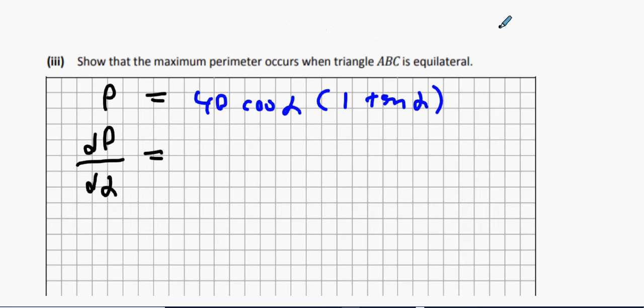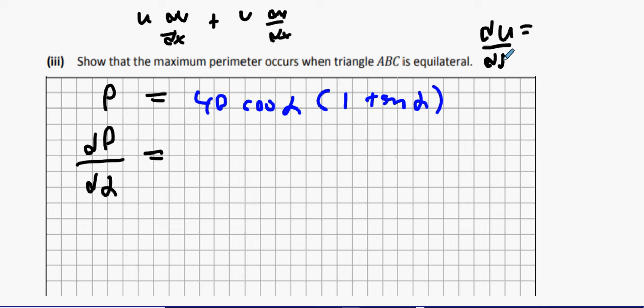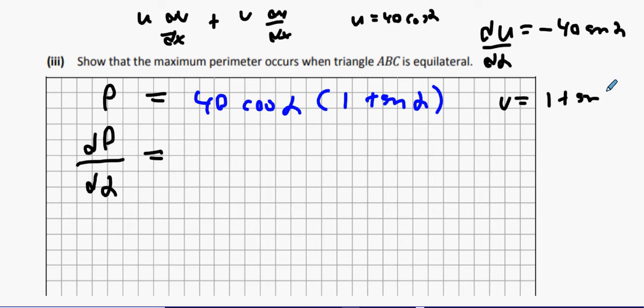So we're using the product rule, which is u dv dx plus v du dx, but in this case we're using d alpha, because u is 40 cos alpha, and cos alpha turns into minus sine alpha, and then v is 1 plus sine alpha. When we differentiate that, the 1 turns to 0 and the sine alpha turns into cos alpha.